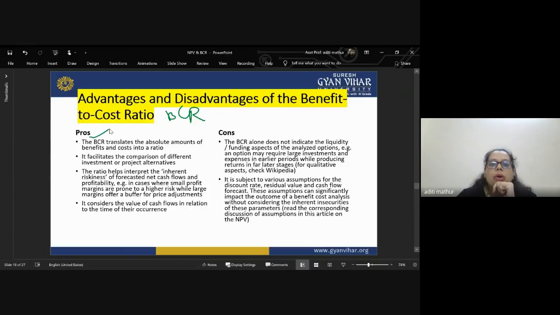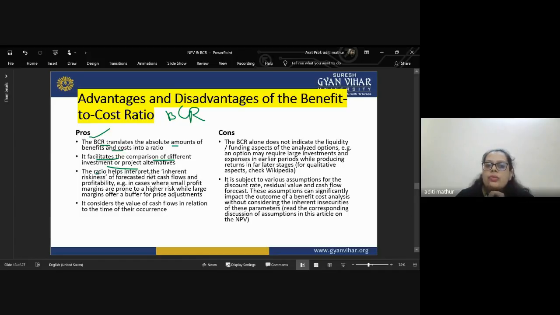So the pros or the benefit is that this BCR translates the absolute amount of benefits and cost into a ratio, right? And it is easy to understand the ratio. It facilitates the comparison of different investments or project alternatives.